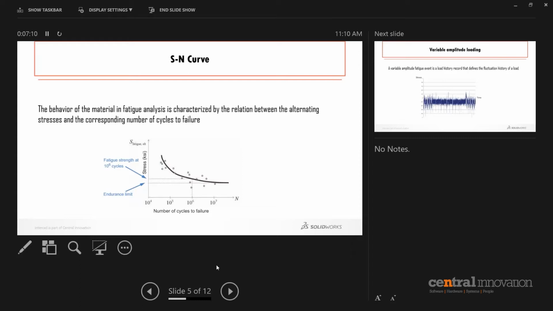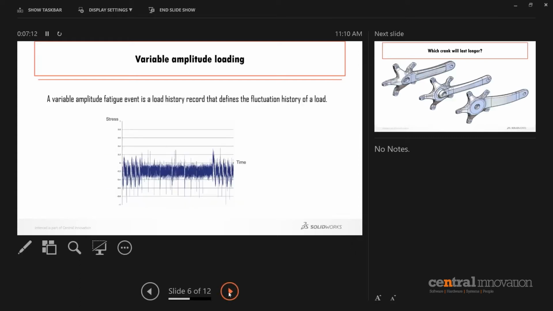What about the variable amplitude loading? If you have a variable amplitude loading fatigue analysis, you have to know your loading history. It could be your stress time history. As you can see, there's an example of a loading history shown in this diagram.